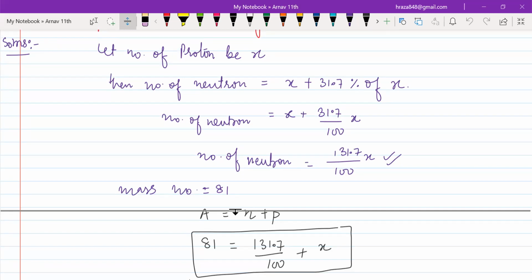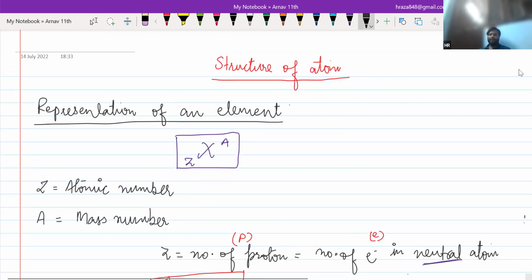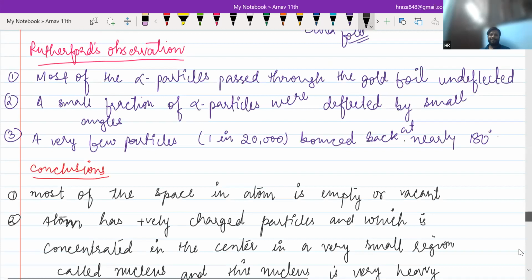Sir, is it 79.68? No. The value of x? Yes. No, it won't be. Sir, it's 3.5. No. So I'm going to teach you how to do simple maths.